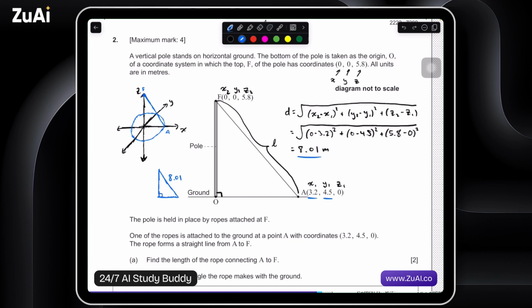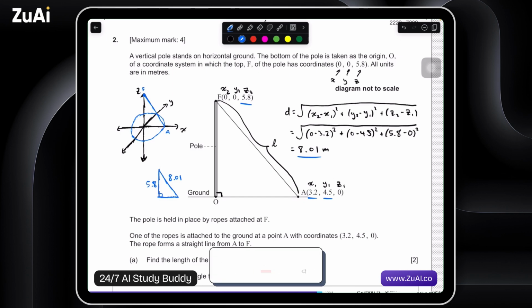For this question, what do we know for certain? We know the length from F to A is equal to 8.01. And we also know the height of this flagpole in 3 dimensions is 5.8. So we know that this right here is equal to 5.8.